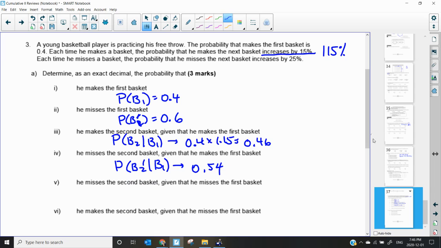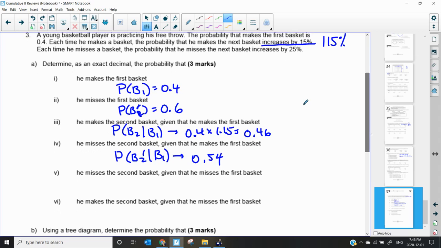All right, let's take a look at the next question. We're told that each time he misses a basket, the probability that he misses the next basket increases by 25%, so 125%. So what's the probability that he misses the second basket given that he misses the first? Well, that would be 0.6 times 1.25.